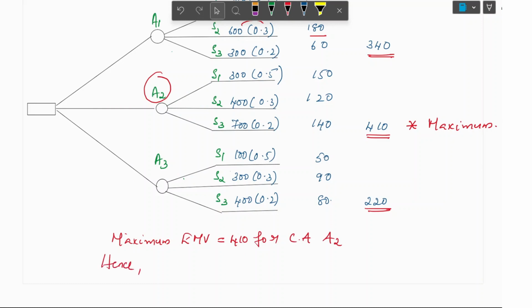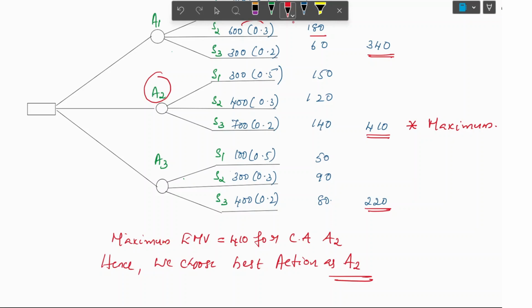Hence, we choose the best action as A2. Therefore, this is the way you draw the decision tree, calculate EMV values, and choose the best course of action.